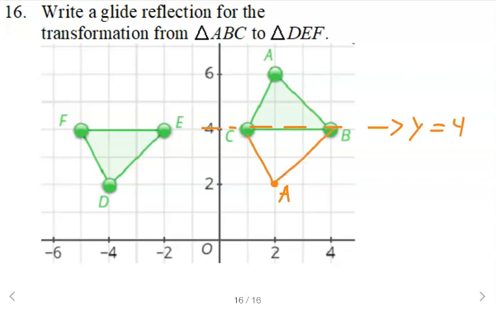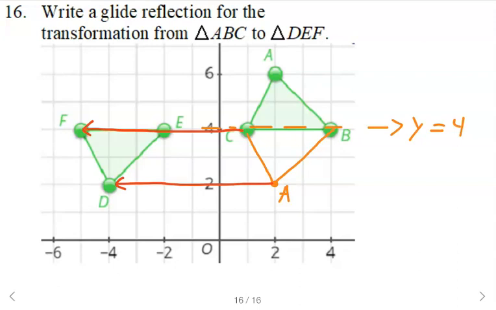B and C are already on there, so they'll stay in the same position, and then we could do a translation to the left 1, 2, 3, 4, 5, 6 units. So each of these points translated to the left 6 units.